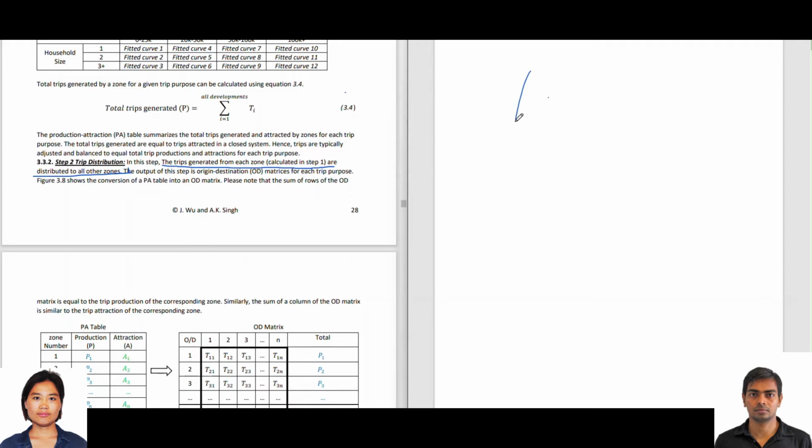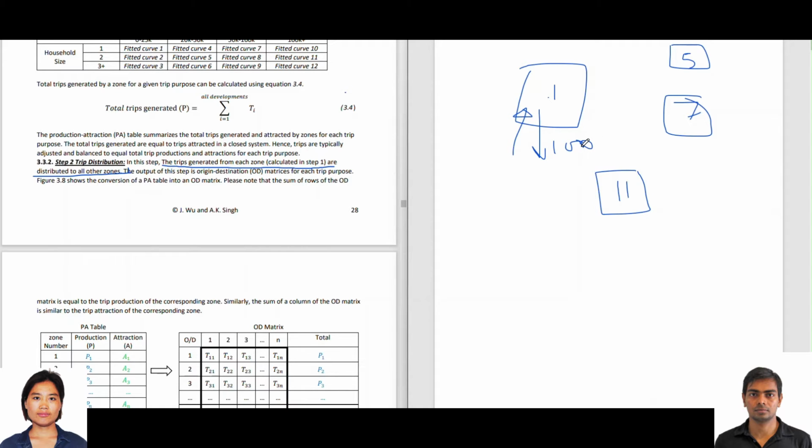Let's say we have zone 1 here, then we have multiple zones in the study area. Let's say this is zone 5, this is zone 7, and this is zone, let's say, 11. In step 1, we tried to figure out how many trips will be exiting from zone 1, let's say 100, and how many trips will be entering zone 1. Let's say we are looking at daily traffic and not hourly.